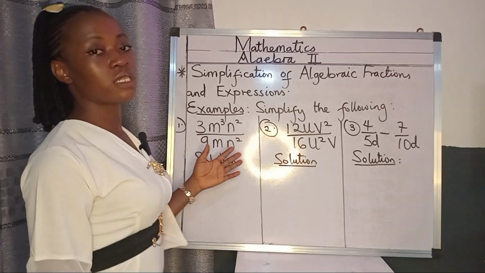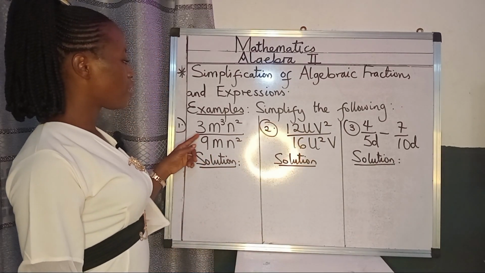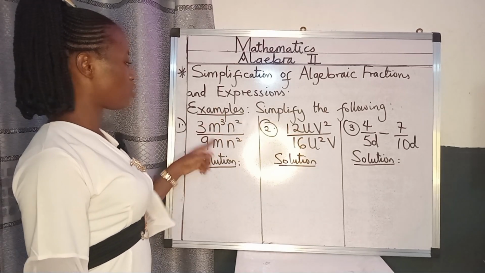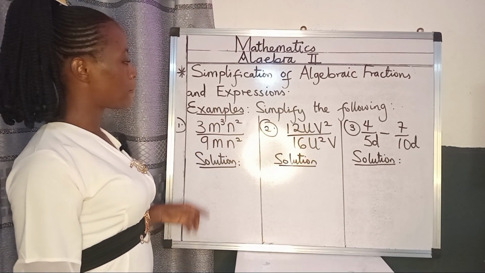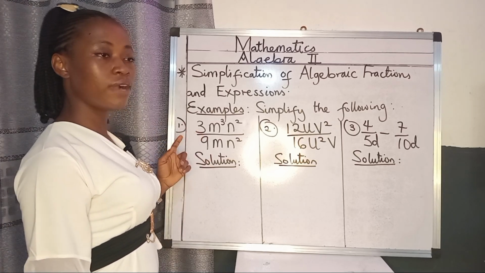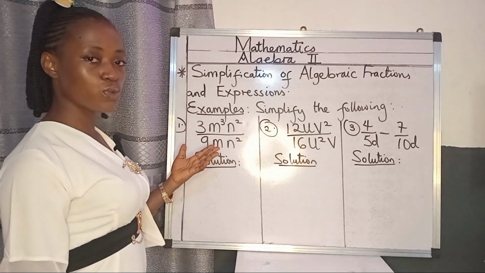Now the question says simplify the following. We have number 1, 3m raised to power 3 n squared over 9 m n raised to power 2. Now when you look at this, it is a fraction to start with. In this fraction you have numbers, you have letters also.